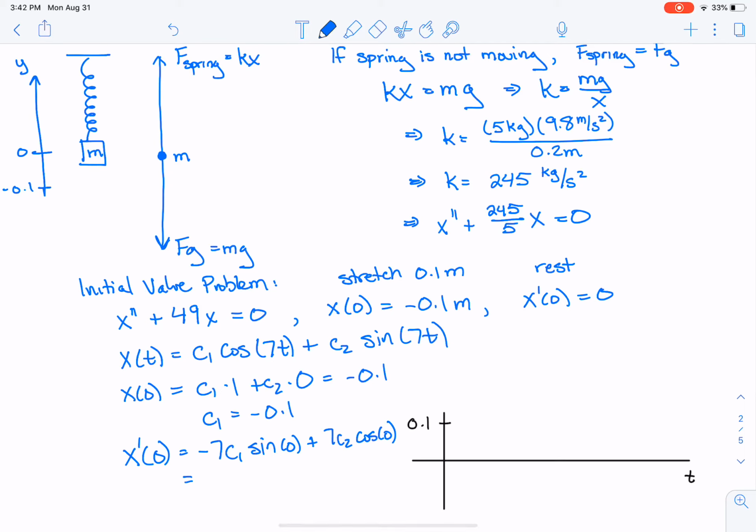So that's actually going to be 7 C2, and that's going to equal 0. So that tells me that C2 is 0. So my solution is going to be that x of t is negative 0.1 times the cosine of 7t.